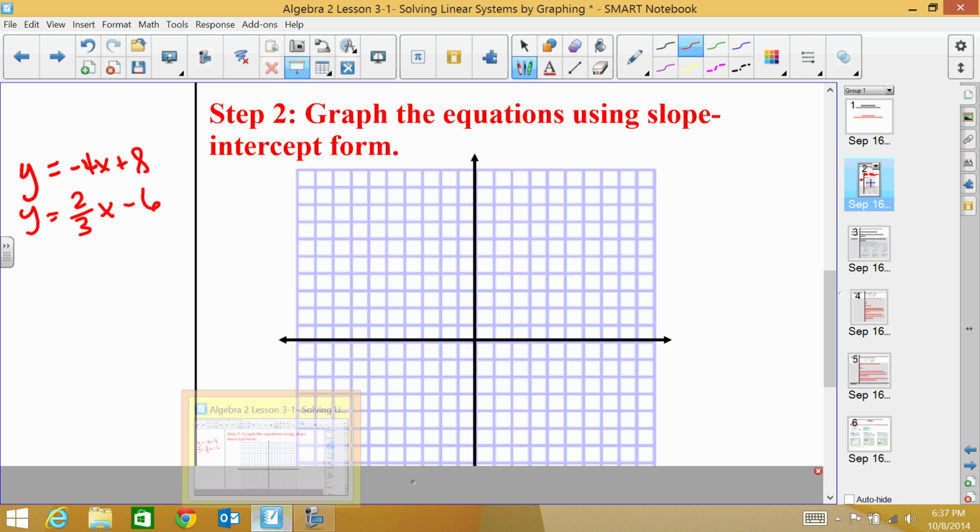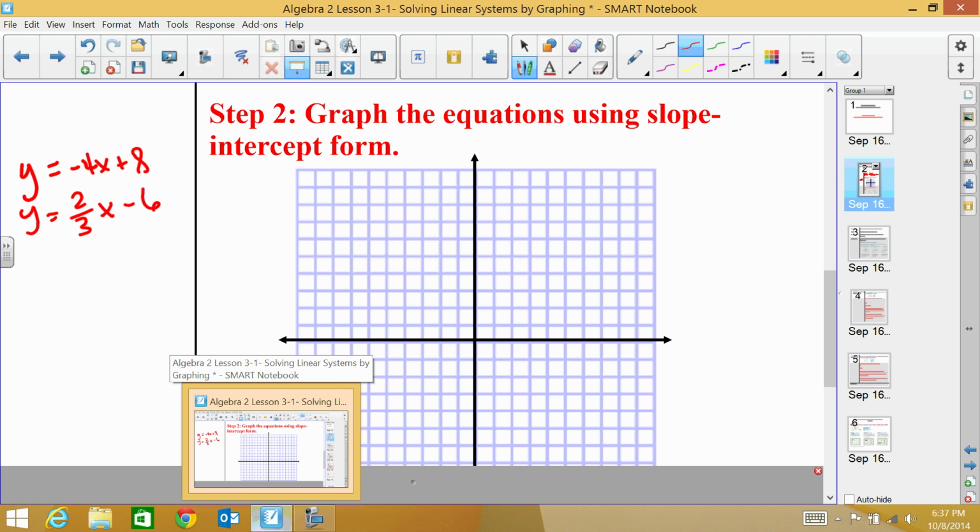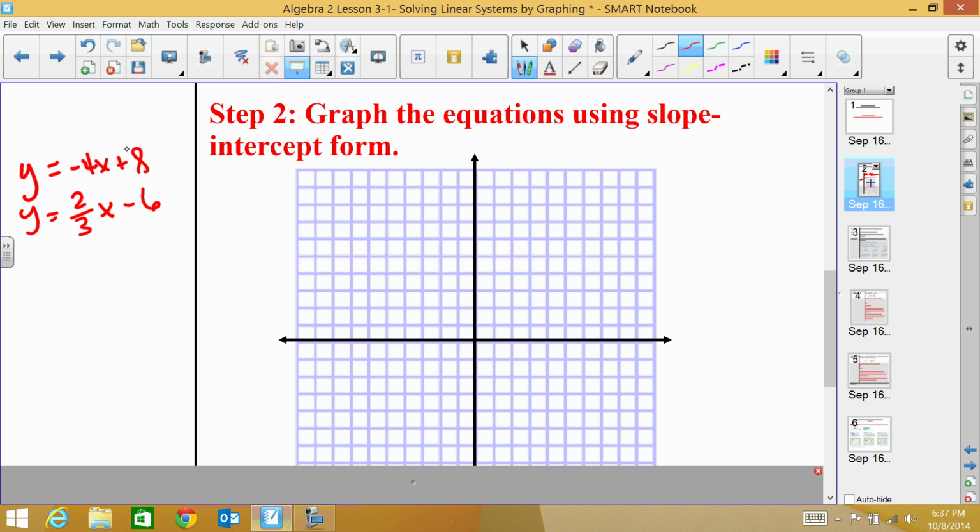So if I go to graph these, for the first equation, my y-intercept is 8. 1, 2, 3, 4, 5, 6, 7, 8. And my slope is negative 4 over 1. So I would go down 4, 1, 2, 3, 4, and right 1.